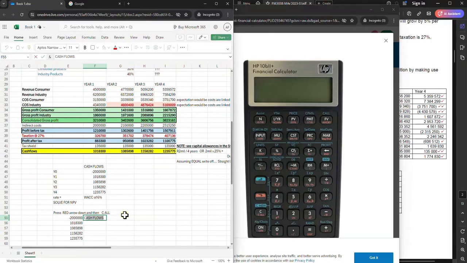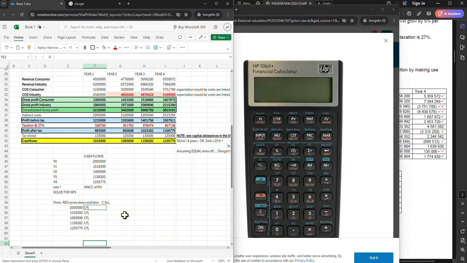Okay, then you need to press CFj. That's the cash flow. Let's just check, is it the right button? Yeah, it looks right. So you press that button, that button, that button. Afterwards you need to insert a rate. Your rate is your WACC, your I. That's IRR, no, that's the effective rate.